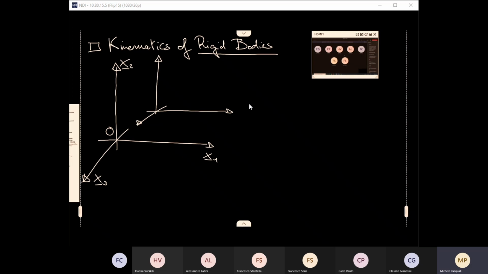So, for example, this is my body, and I describe the body through the use of this local frame, which is attached to it. In the case of rigid bodies, the concept is very easy: the local frame is just attached to the body itself. It doesn't move. There is no relative motion.